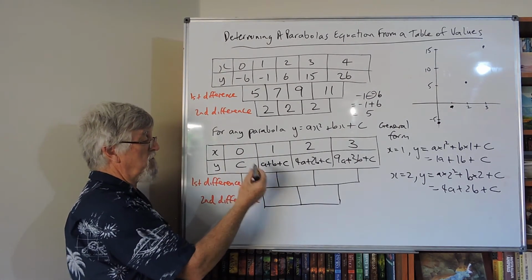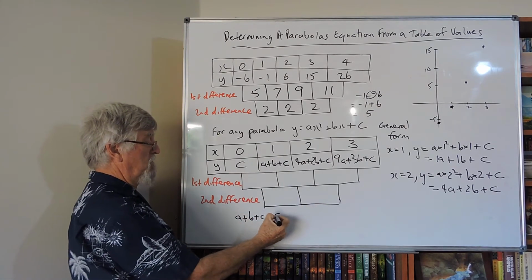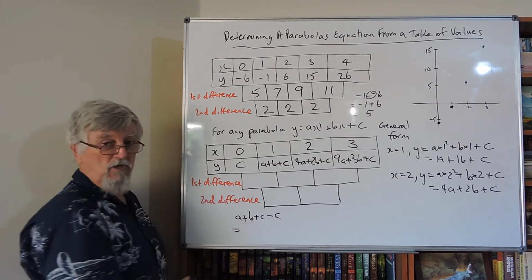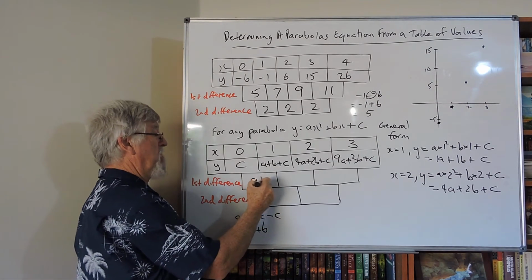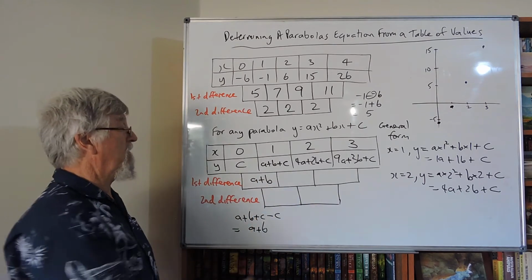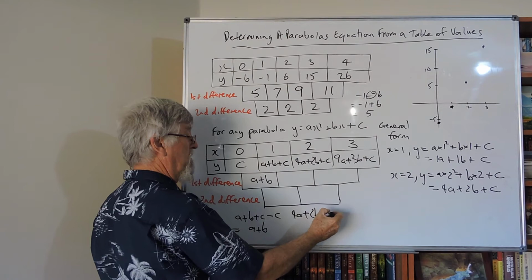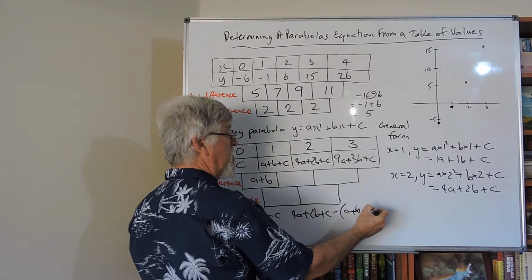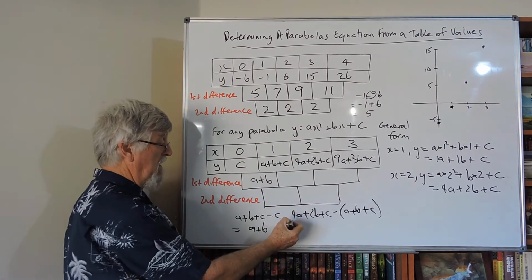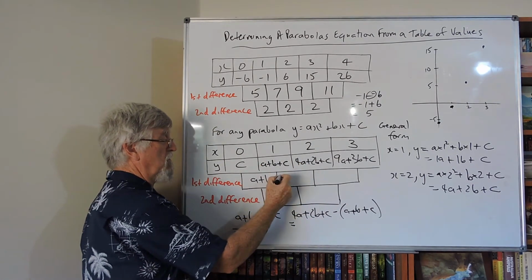So if I do the algebra down here, I'd have a plus b plus c minus c. And I end up getting just a plus b. So that's a plus b. If I do this one now, 4a plus 2b plus c minus all of, watch out for the brackets. So to get this one here, is that, take that, which is 3a.